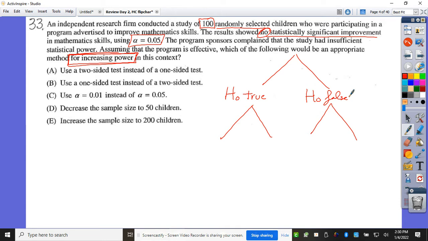What are my two options here? If it's this, I have a decision to either reject or fail to reject, and that's regardless of which actually was true.